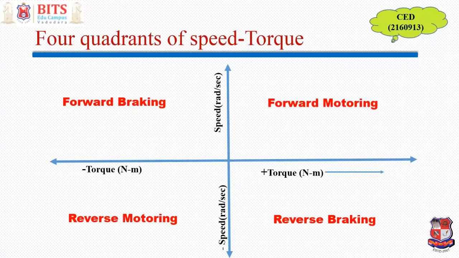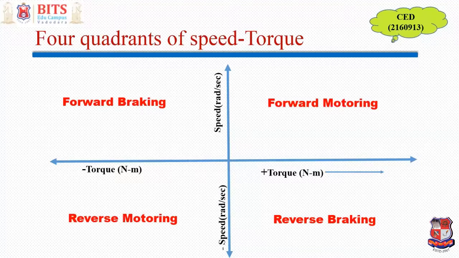Now what is forward? Because forward and reverse are relative terms, this is something which I have already assumed for my motion. So say I'm moving from point A to point B, that I consider as forward, then from B to A it will be reverse motion. So forward motion is something which I have already assumed.